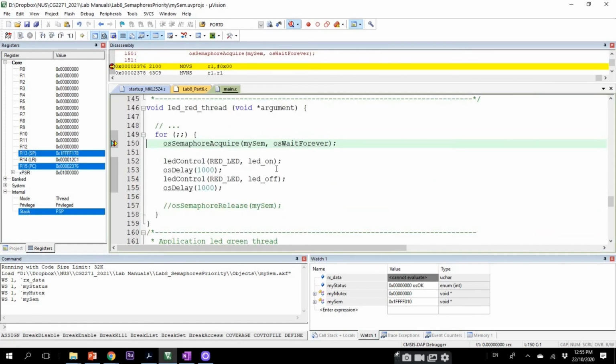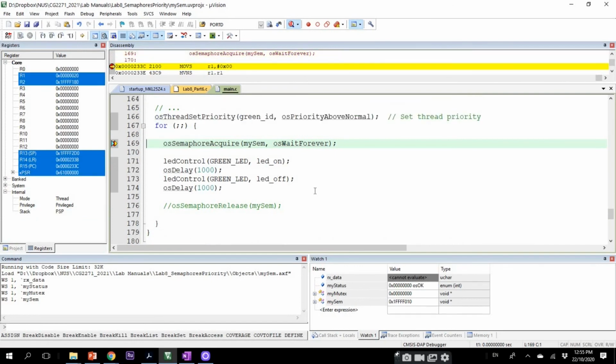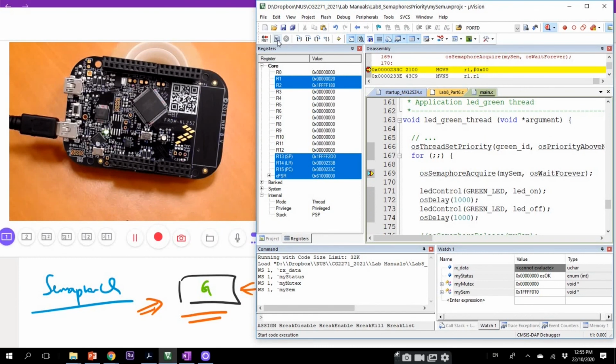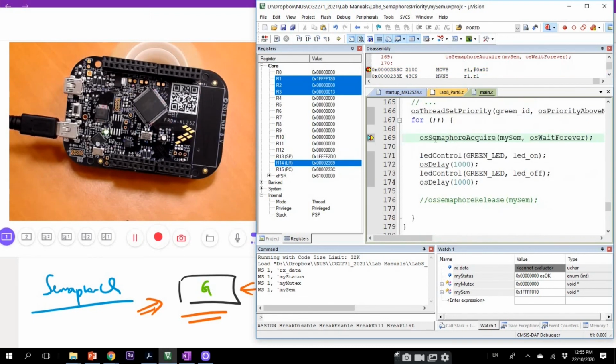As you can see, the breakpoint first stops at the red LED thread. That means the red LED thread is the first one to issue a semaphore acquire, followed by the green thread. But because of the priorities being changed after that, the green LED thread is the first one to be able to execute and blink the LED.